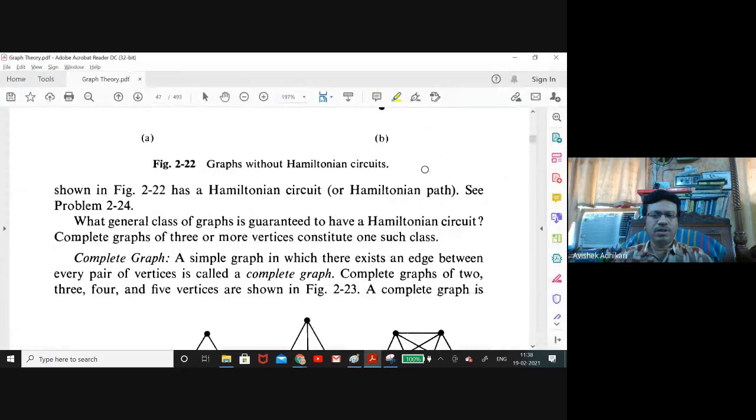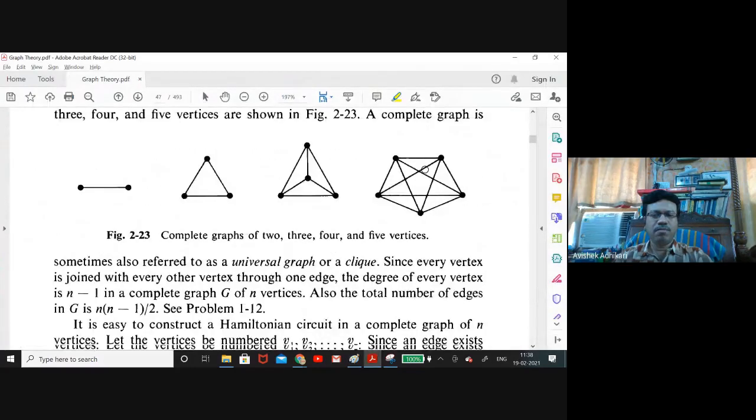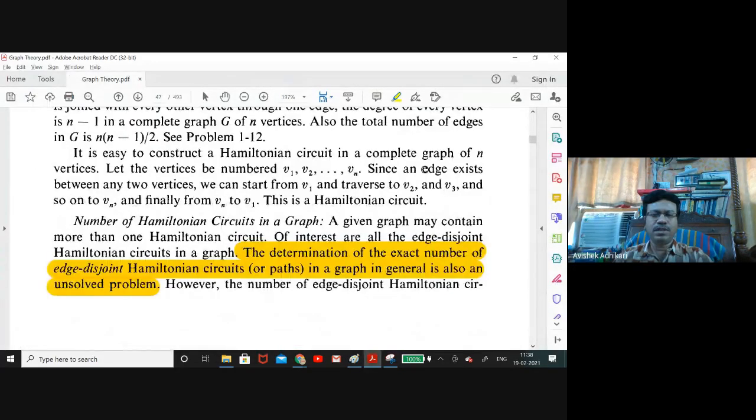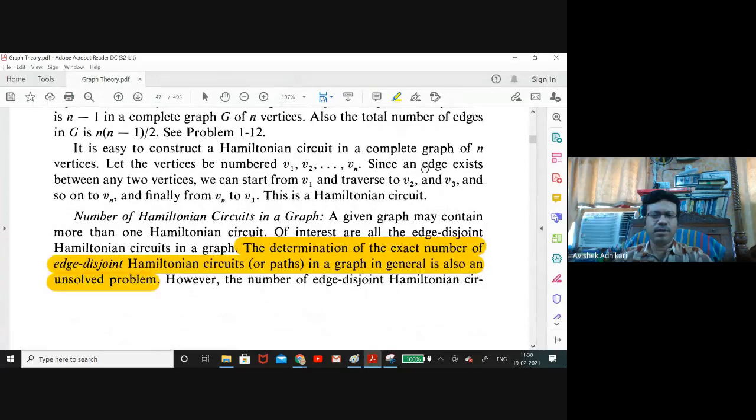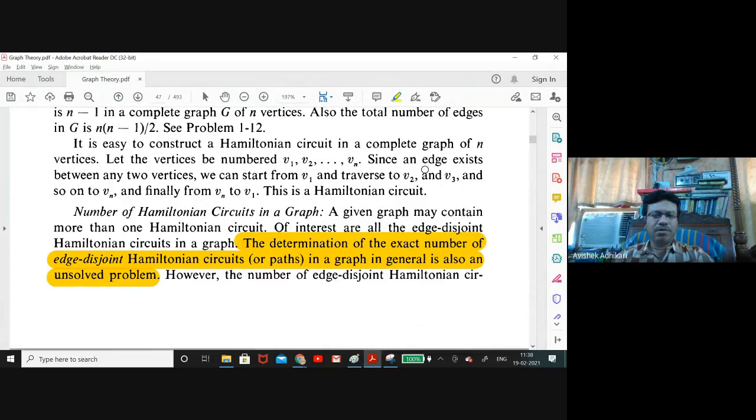So we are actually trying to count the number of Hamiltonian circuits in a graph. Okay. So the determination of the exact number of edge disjoint Hamiltonian circuits or paths in a general graph is also an unsolved problem. It's an unsolved problem, finding the exact number of edge disjoint Hamiltonian circuits in an arbitrary graph.